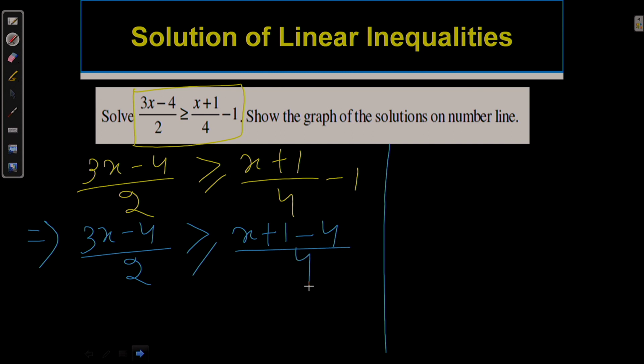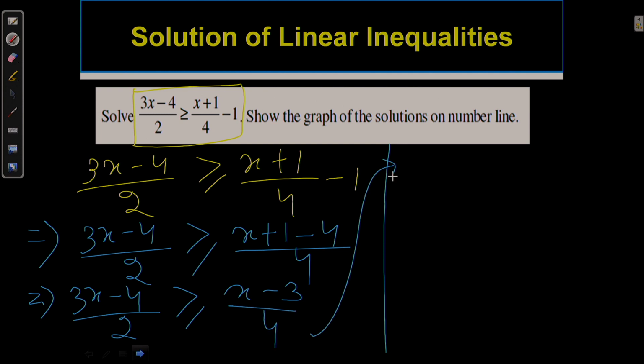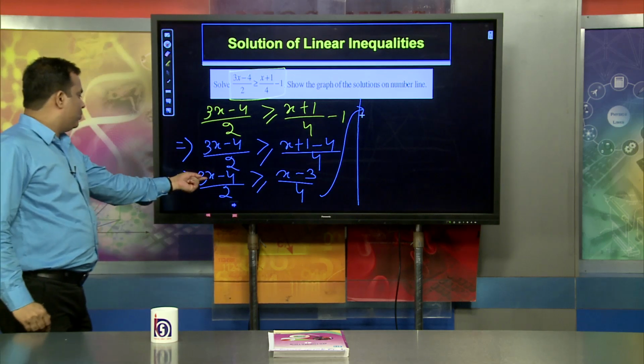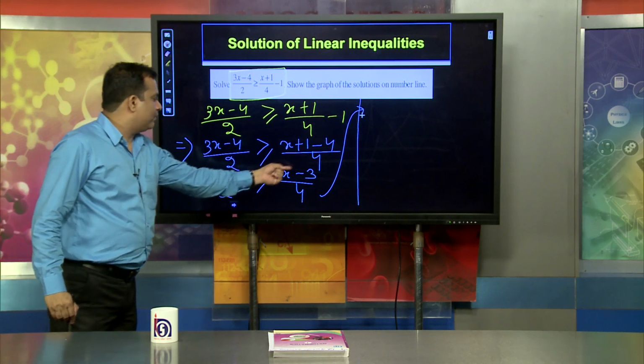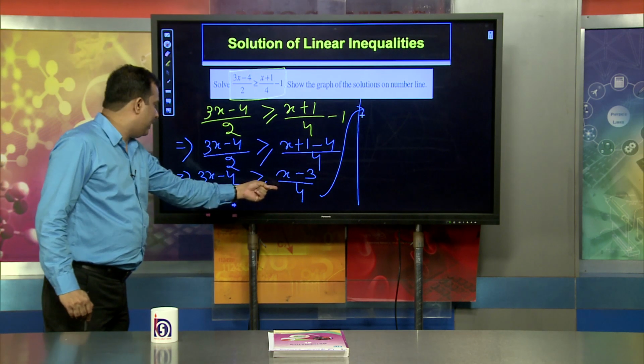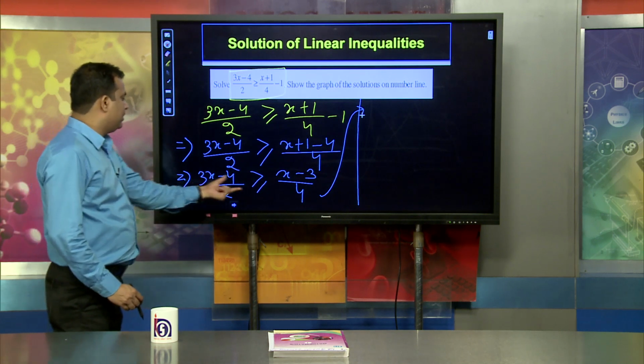That is, 1 minus 4 is minus 3, so x minus 3 by 4. Now observe: (3x minus 4) by 2 greater than or equal to (x minus 3) by 4. So we can cross multiply.